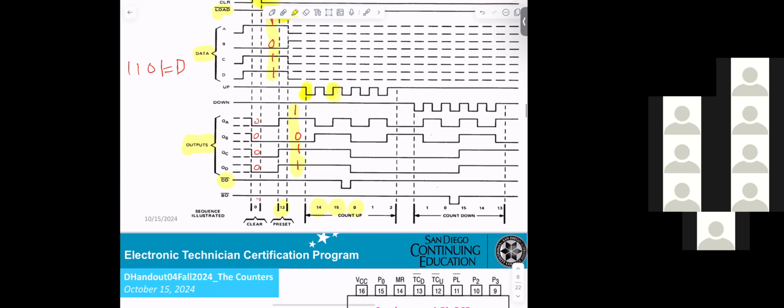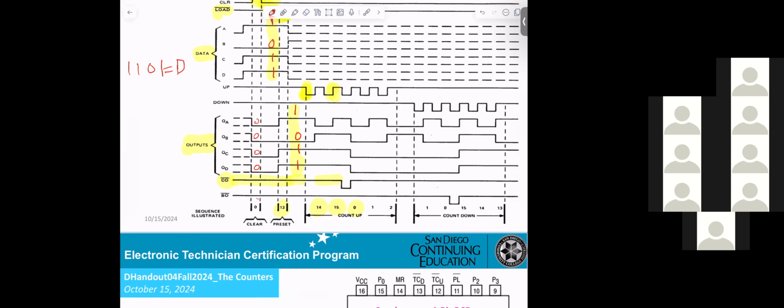Now, normally the output carry is normally at what logic? What logic at the carry out CO? 1. Perfect.